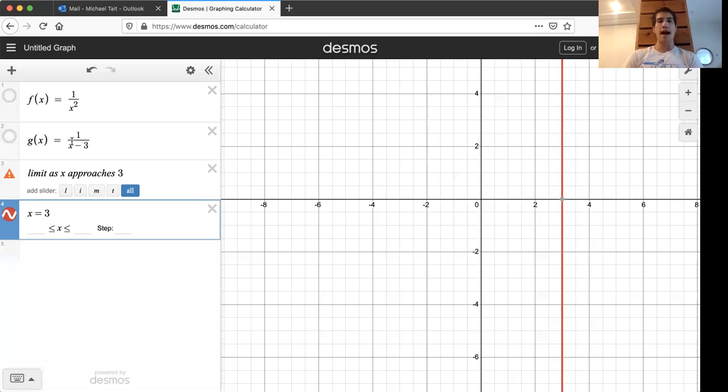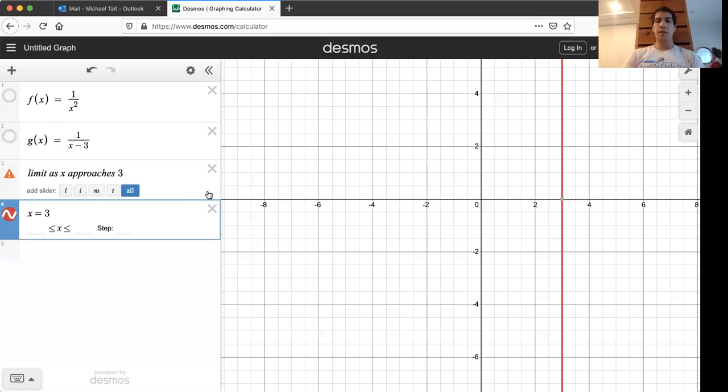As x goes to 3, I'm taking 1 and dividing it by a number that's very close to 0. So this number is going to get very large, but when I say very large, it means in absolute value. If I divide by a number that's very close to 0 but negative, the absolute value is going to get very large, but it's going to be a negative number.